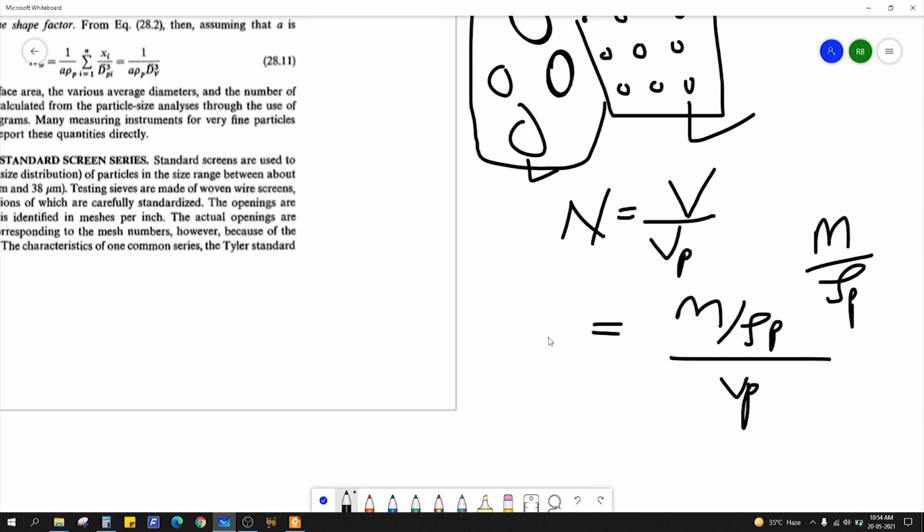So you can rearrange it, and you will get the mass of that sample by rho p and Vp.